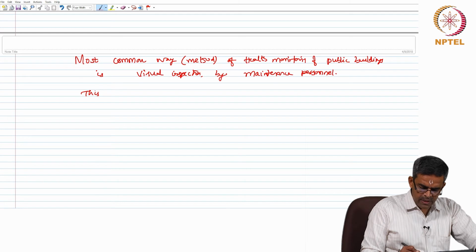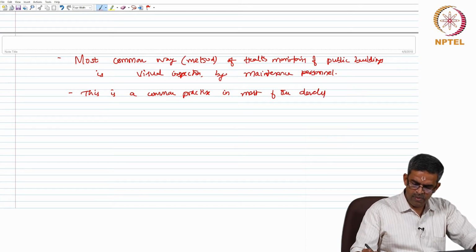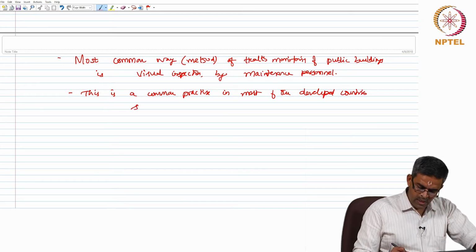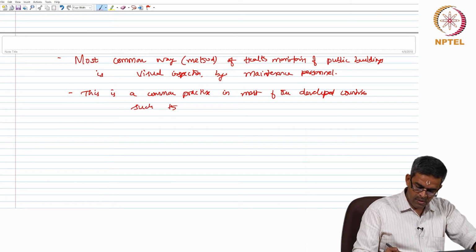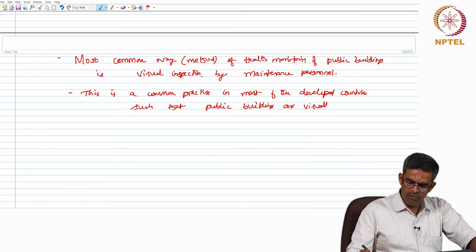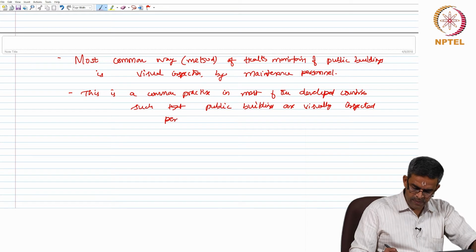This is a common practice in most of the developed countries, such that public buildings are visually inspected periodically.